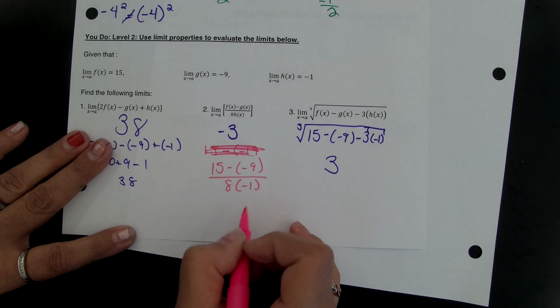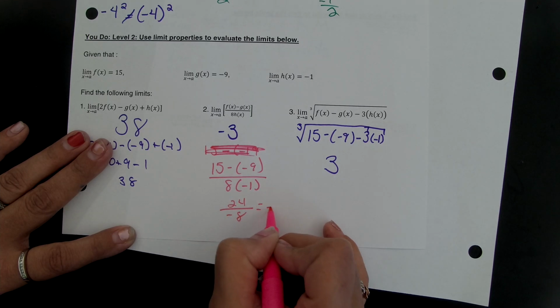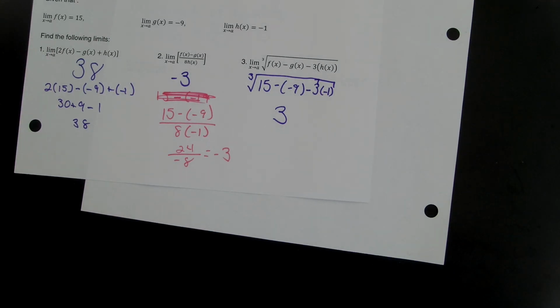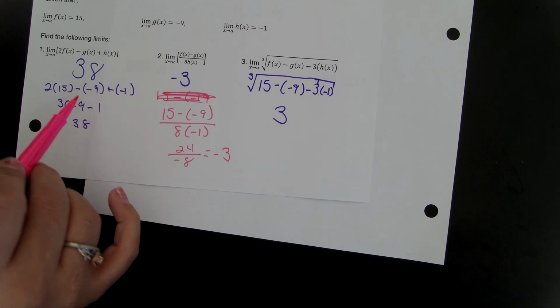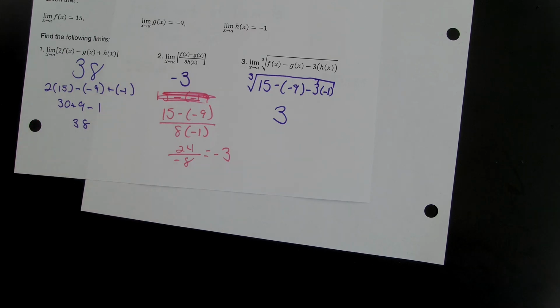So 15 minus negative 9 is 24 over negative 8, which is negative 3. Yeah. What's the negative times the negative? Positive. That's why it becomes positive 9. Okay? Any more questions? Yeah. No.